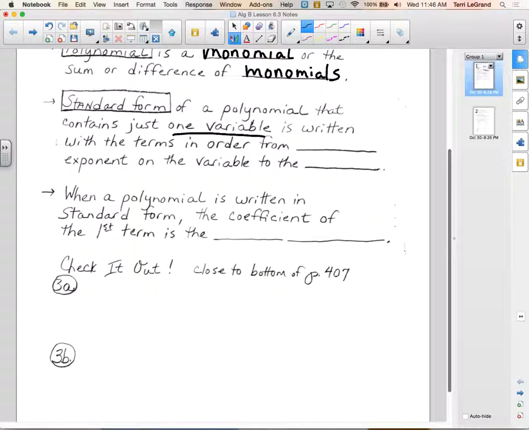If it is written in standard form, the terms are in order from the greatest exponent, the greatest whole number exponent on the variable, to the least. So the monomial term with the largest exponent has to lead the pack, and the one with the smallest exponent has to be at the end of our polynomial.